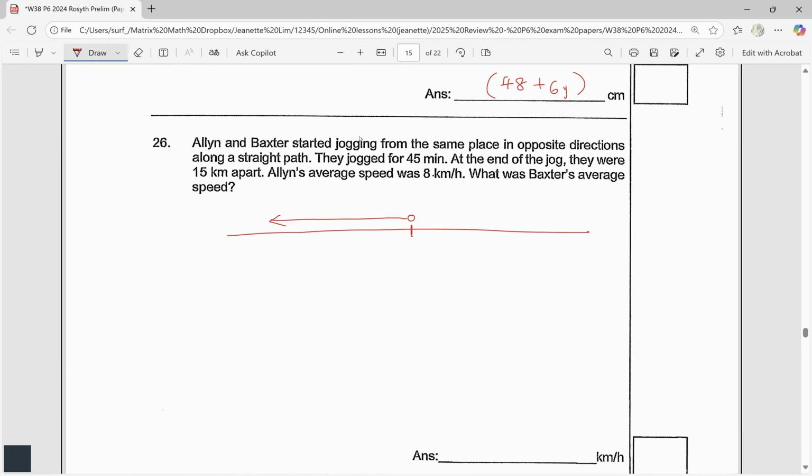Okay, so I can't tell who is faster than who, but let's just assume that one is longer, one is shorter. Let's say this is A, speed of 8 km per hour, and this is B, which we don't know the speed. After 45 minutes, they were 15 km apart.